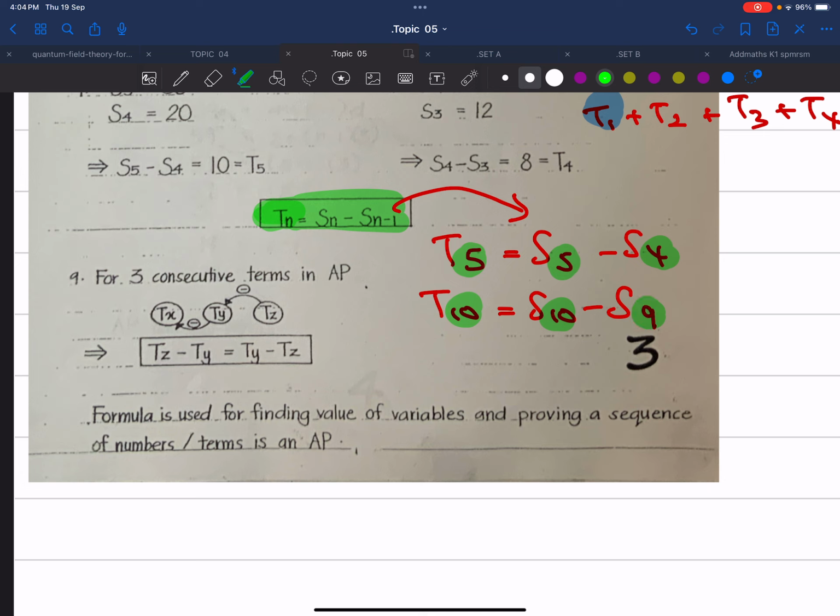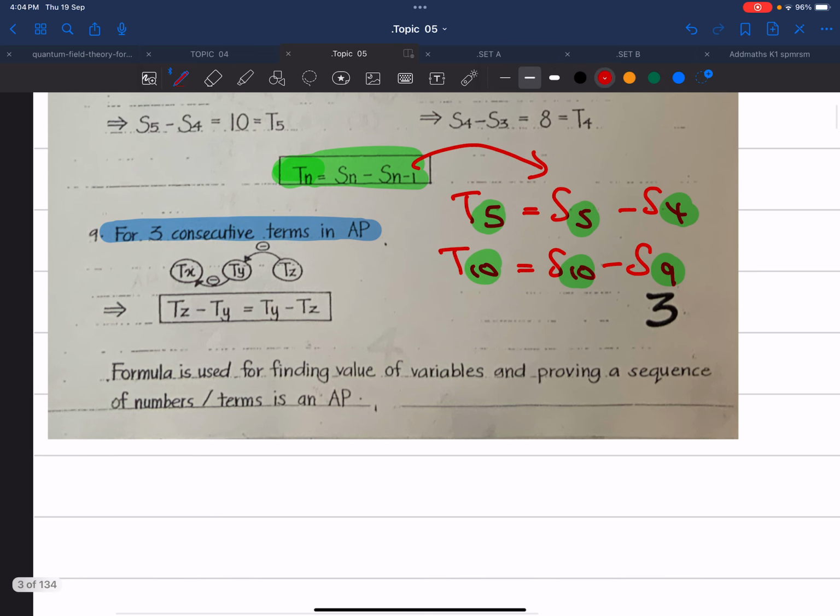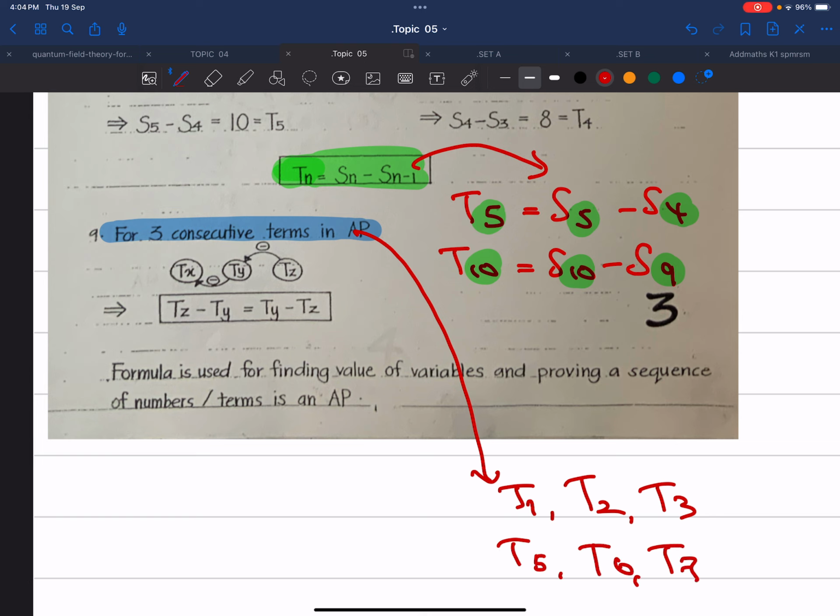And our last formula is, if you are given 3 consecutive terms. Now when I say 3 consecutive terms, it means T1, T2, T3. Consecutive, berturutan. Let us say T5, T6, T7. They are berturutan, consecutive.